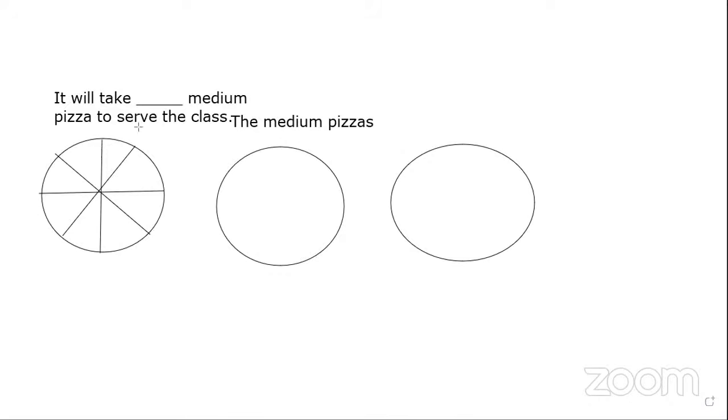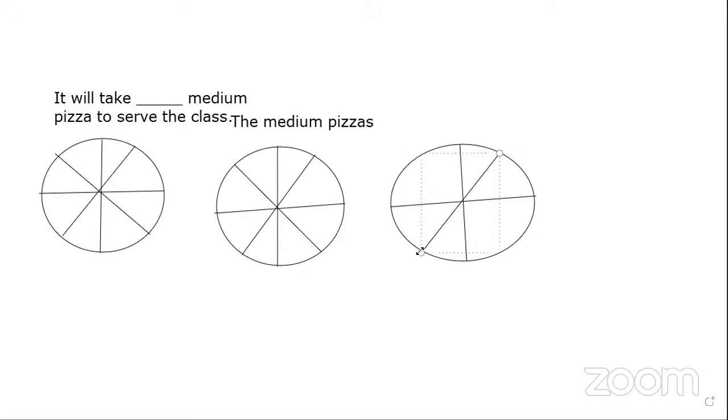We always count to check. 1, 2, 3, 4, and 1, 2, 3, 4, 8 slices. 1, 2, 3, 4, 5, 6, 7, 8. 7, 8. 1, 2, 3, 4, 5, 6, 7, 8. Now I'm going to write my first statement.